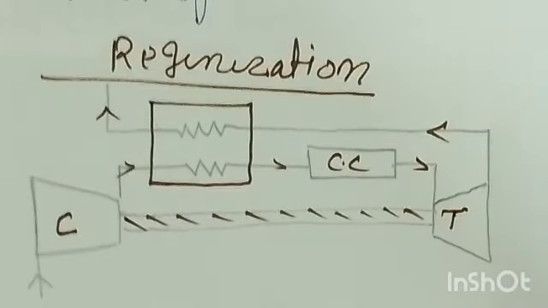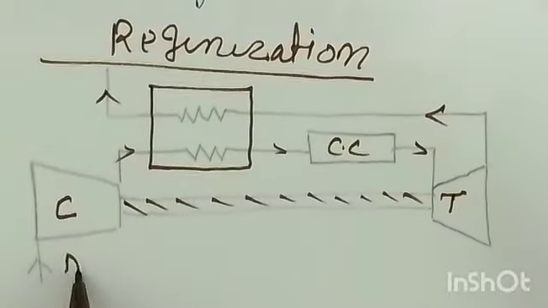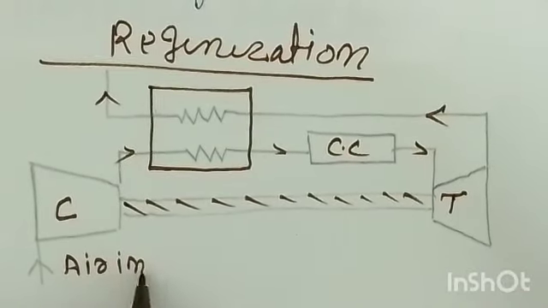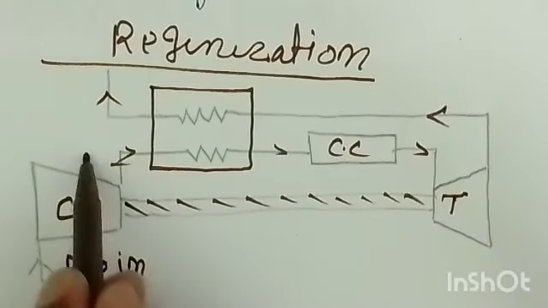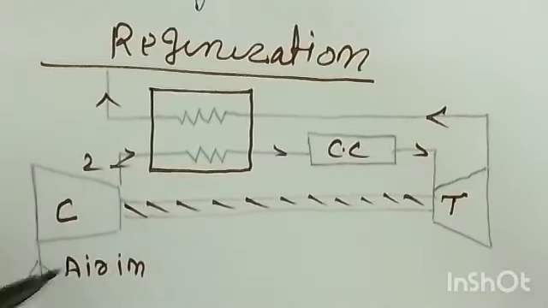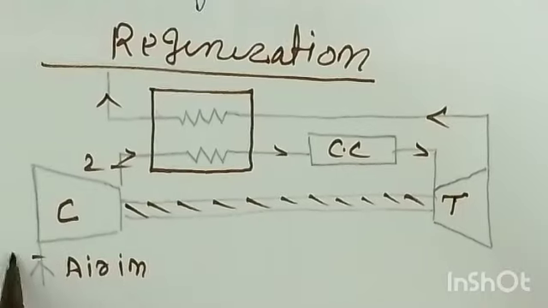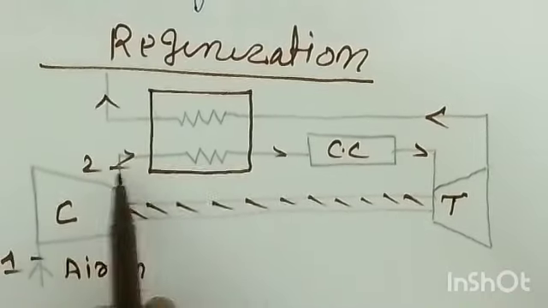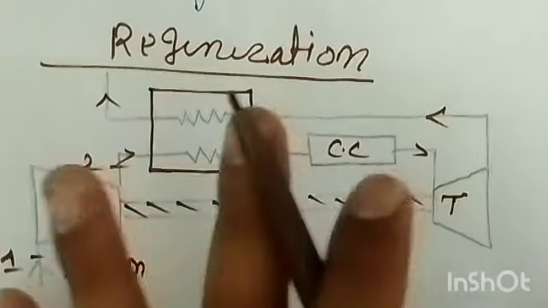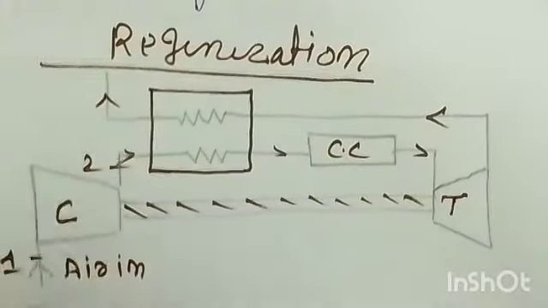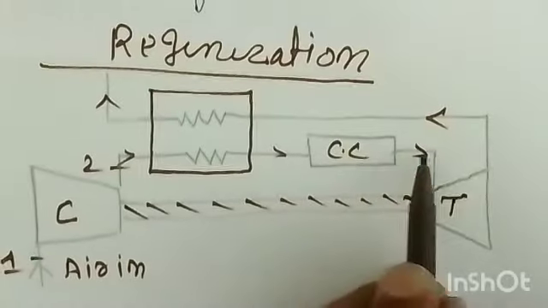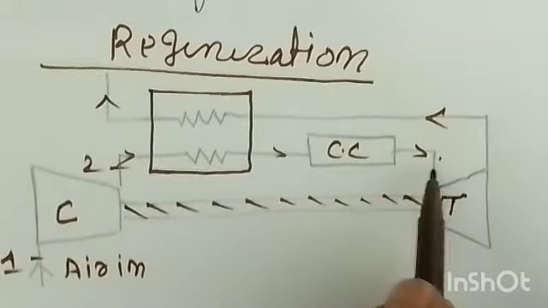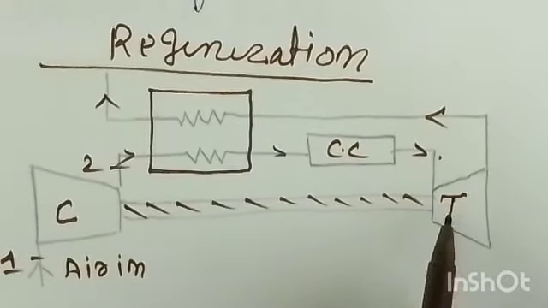First of all, air enters into the compressor, reversible adiabatic compression takes place, and it reaches point 2, where its pressure and temperature are more than the surrounding, and then it will enter into the combustion chamber. This is the first case, what happens first. So it passes through the combustion chamber and then enters into the turbine.